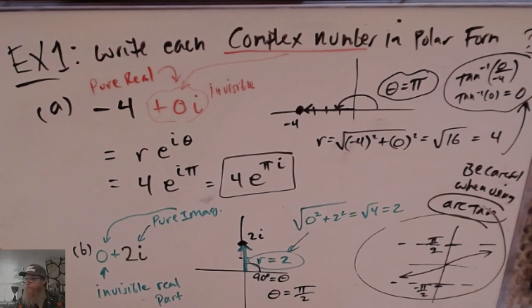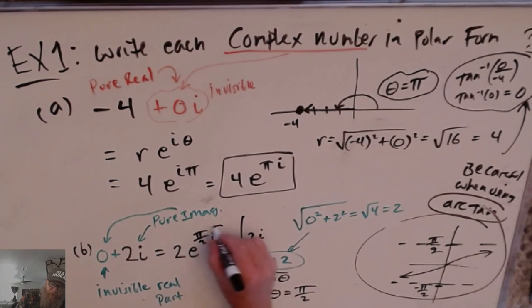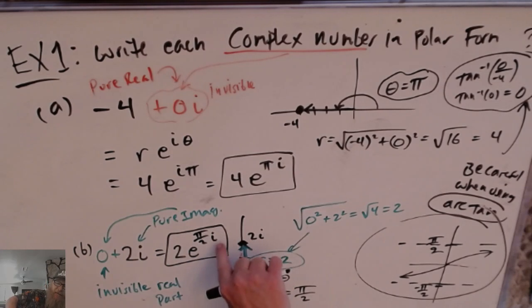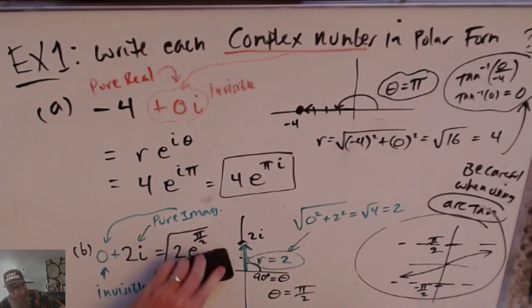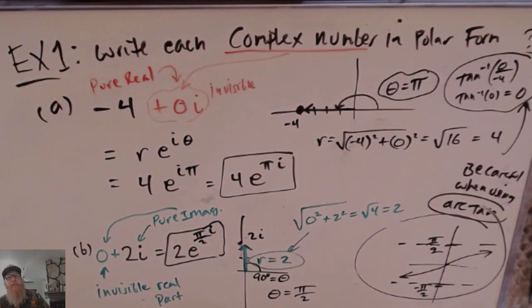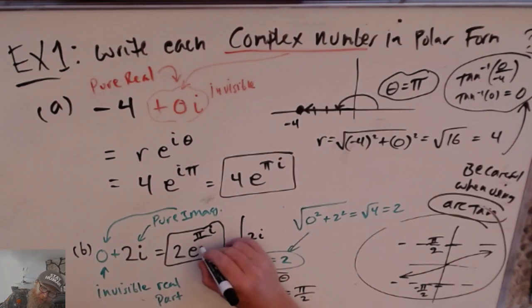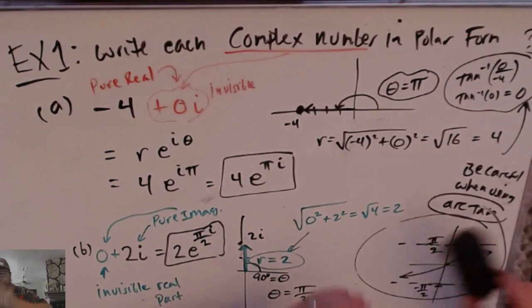I need a spot to write my answer. Let's put it right here. So it'd be 2e to the pi over 2i. Be careful that the i doesn't drift down into the denominator. It's technically pi i and then over 2. If you want to be really careful, you can put the i upstairs with the pi just to make sure. Because if you type it and that i ends up down in the denominator, you're going to get frustrated. It's going to mark it wrong.